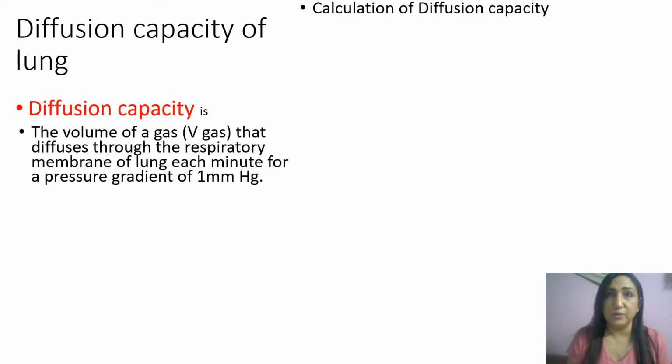So it is not good for this calculation. But the best gas which can be utilized for calculating diffusion capacity is carbon monoxide, because it is not soluble, it is non-toxic to the body, and it is taken up by the hemoglobin very fast.